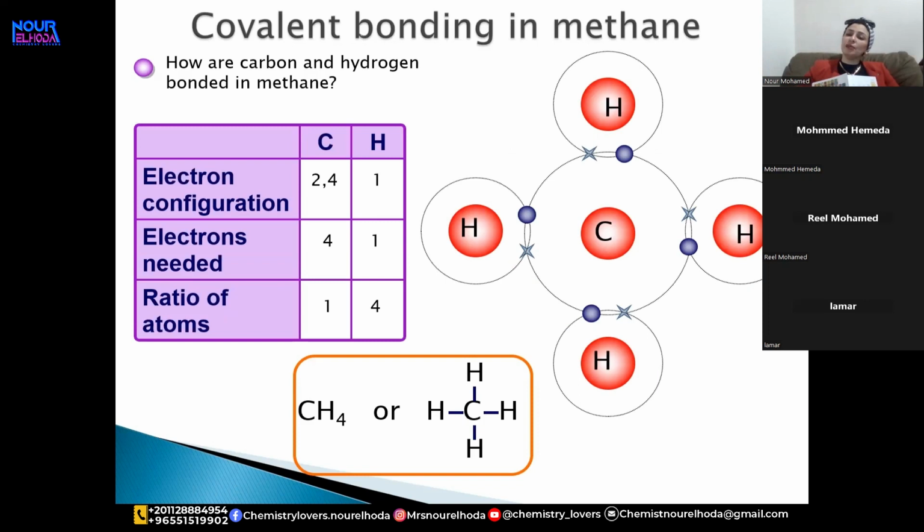Now, what are the examples for the giant covalent? The giant ones are a specific type of covalent that have high melting and boiling points. So I'm going to show you now the giant covalent ones.